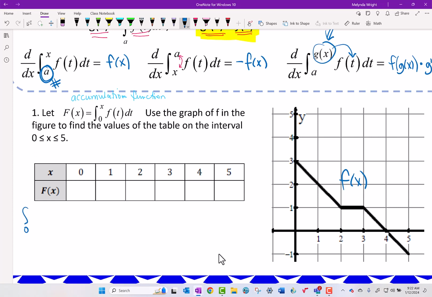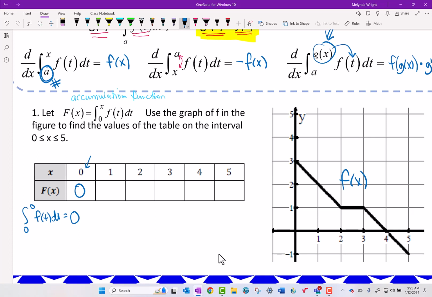The lower bound is 0 because they set that. The upper bound, we're going to do the first one, is 0, of f of t dt. And as I look at the graph, remember we've practiced this before where we've calculated the area under the curve. The area from 0 to 0 is 0, right? There is no area from 0 to 0, so that would be 0.